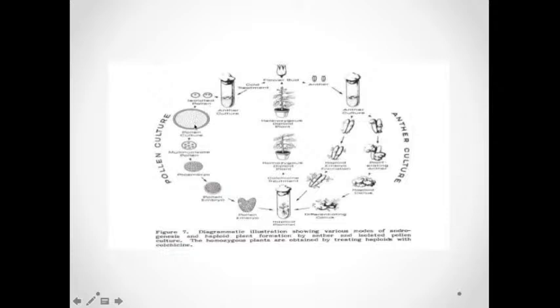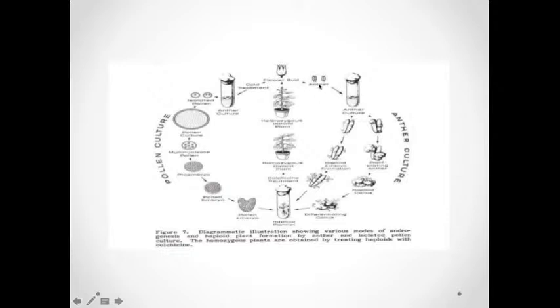Then it goes into the pollen culture. Then multi-nucleate pollen will be there, then the pollen embryo. Further, the pollen embryo will give rise to heart and torpedo stages. The torpedo will give you a haploid plant. Sorry, the image is quite blurred, but if you have them on your computer, they will be fine.